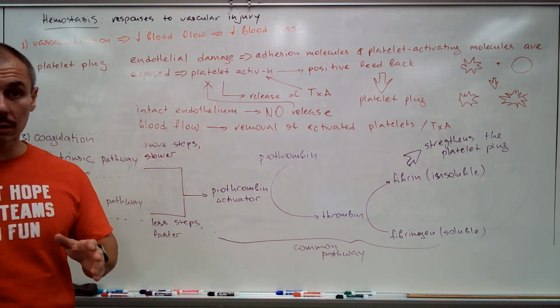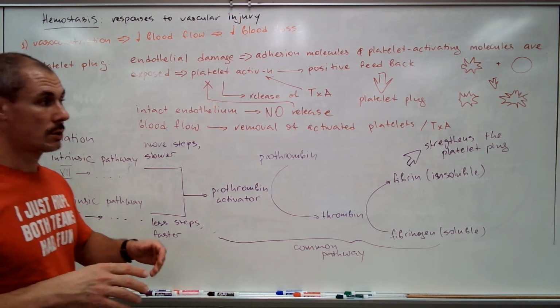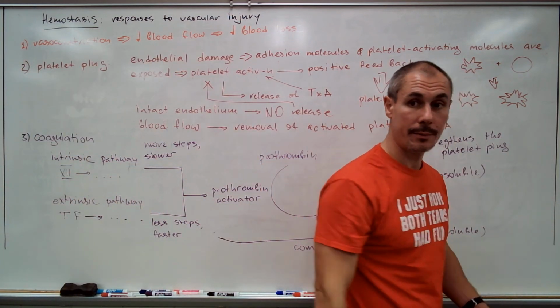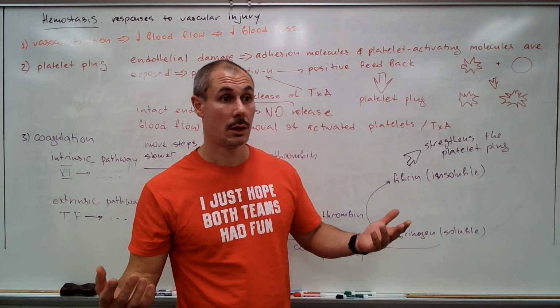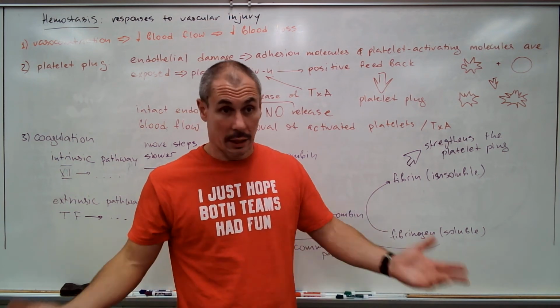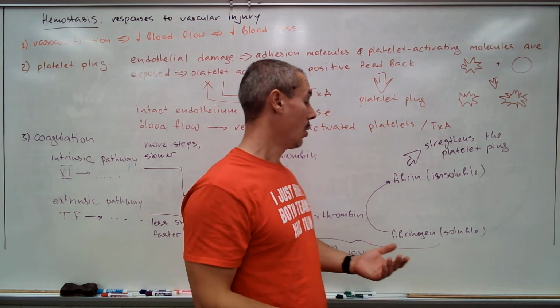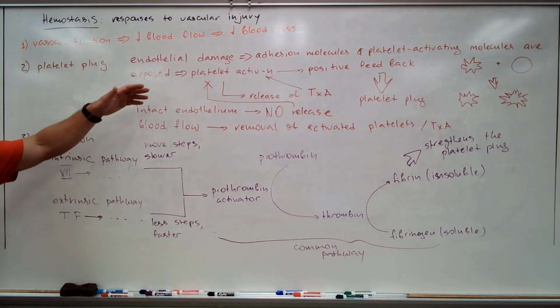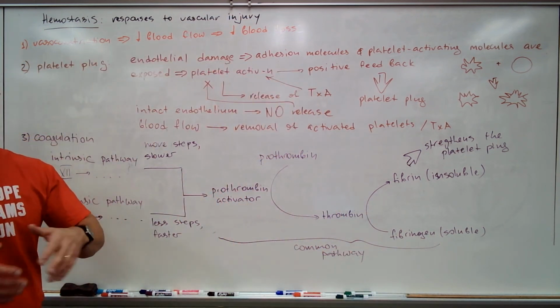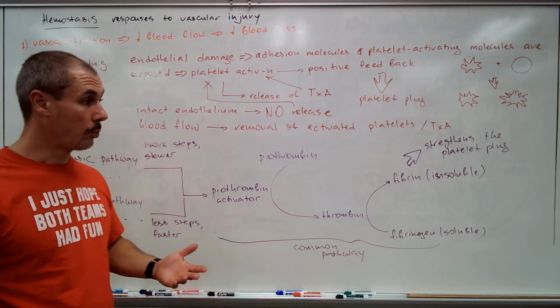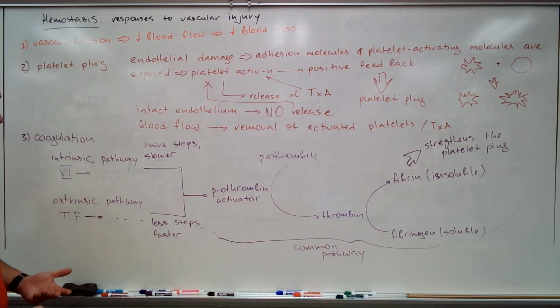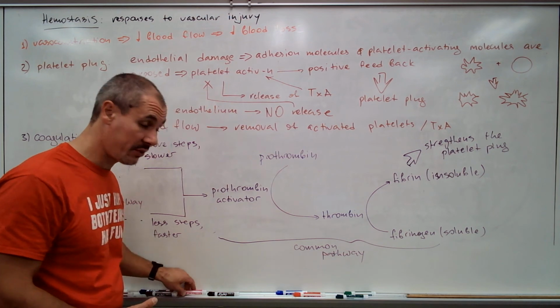Now, last little bit. So you've got a platelet plug, okay? Is it supposed to be there forever? Obviously no. When damaged endothelium is restored, repaired, the platelet plug has to be, so to say, resolved.